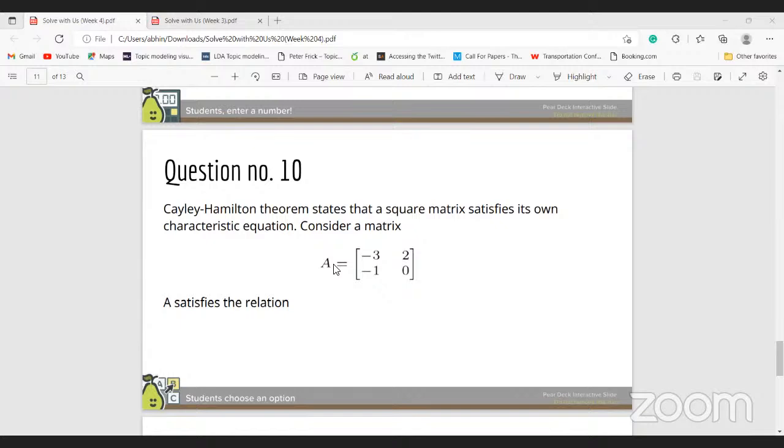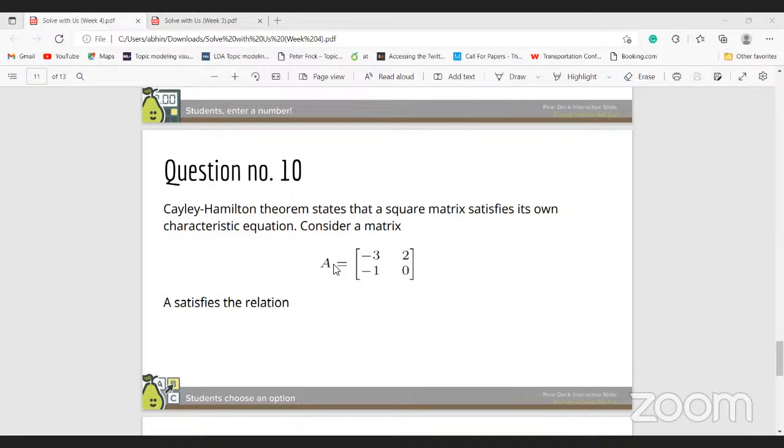So now suppose you want to find A raised to 4. What you will do is take A square, which will be minus 3A minus 2I. So the square term you have converted to a linear term. Adding is always easier than finding a product, in the case of matrices at least.